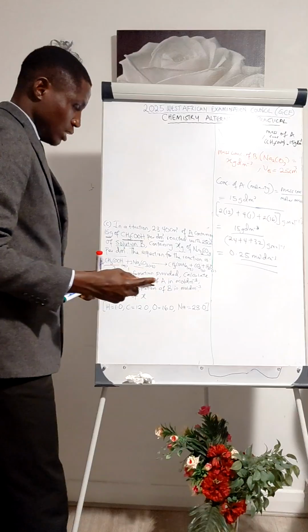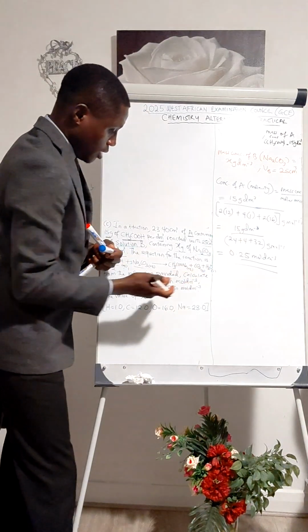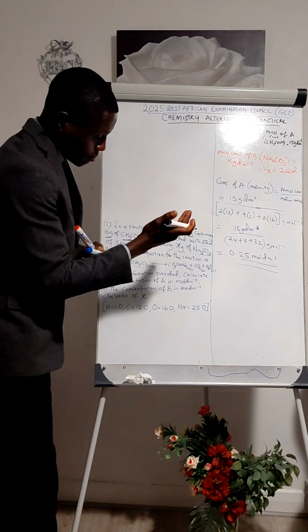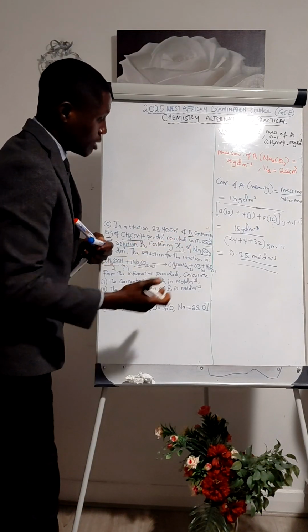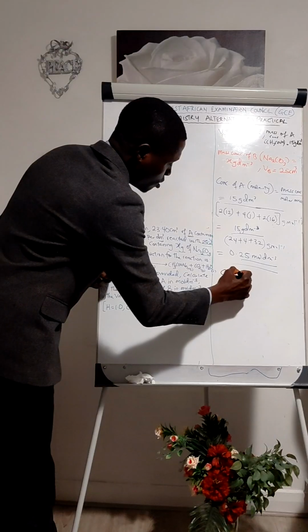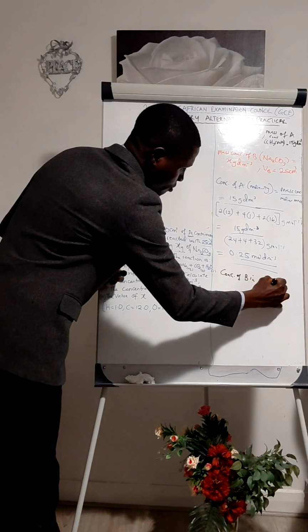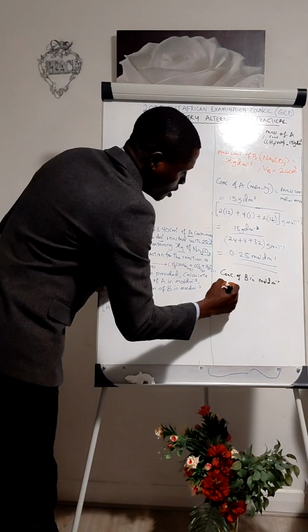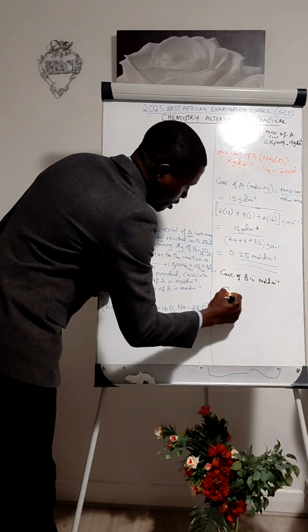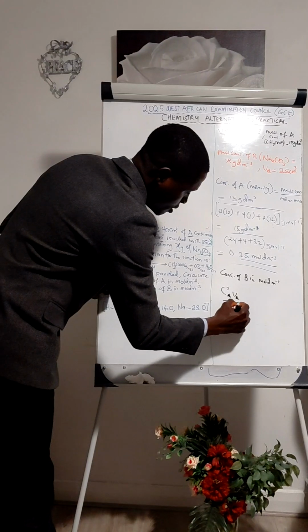So in this case we look for another method of solving the molar concentration for B, that is, concentration in mole per dm cube. We're going to be using another formula: CA VA over CB VB.